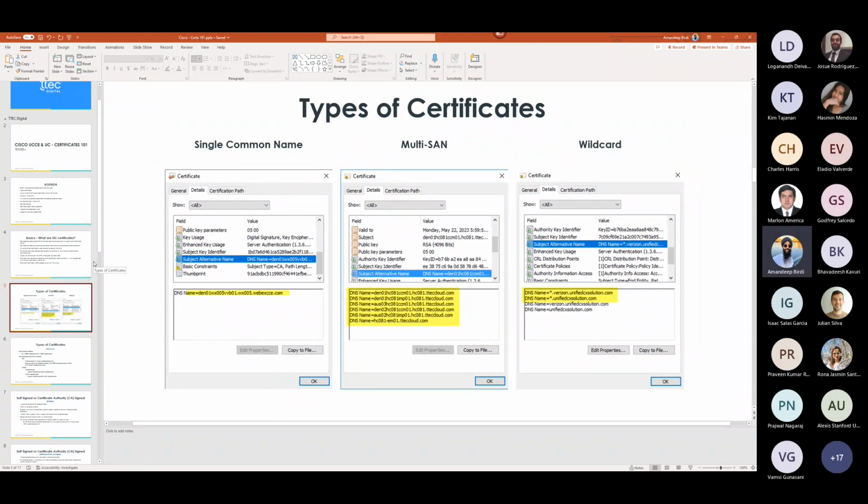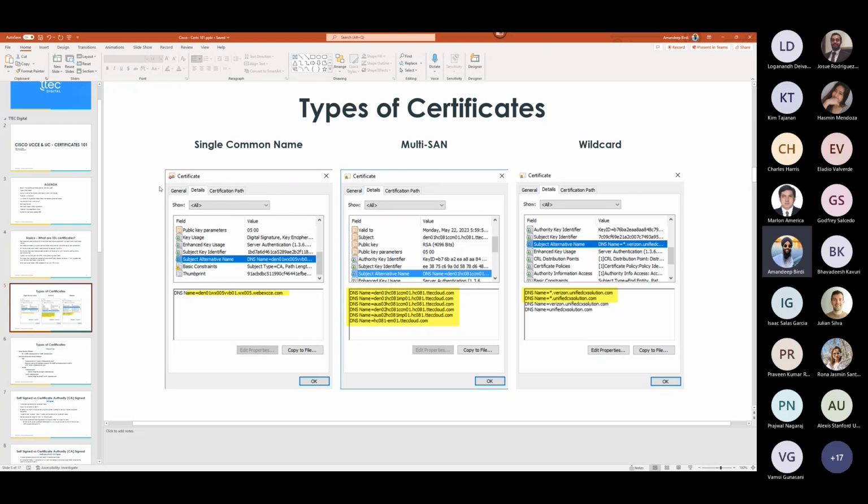All right, so here we've got three different types of certs, and we use these across our Cisco environments. You've seen this everywhere, and this is just a way to identify what type of cert it is. And I'm using the Windows cert pop-up, which comes in many forms. Each browser has its own way of displaying this information, but this is the way Windows displays it.